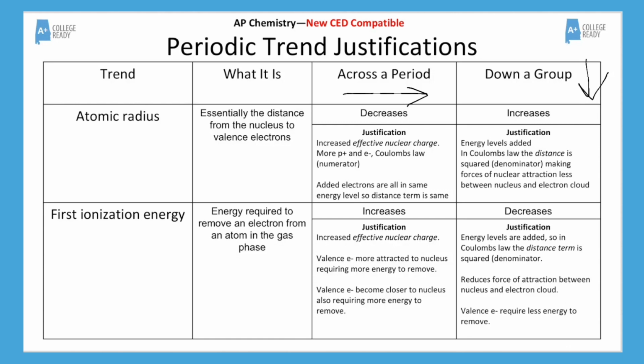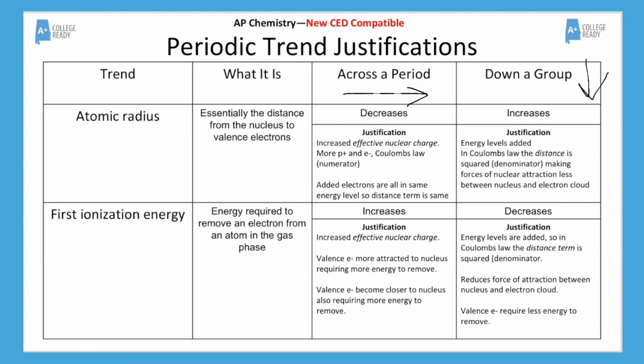Okay, first ionization energy. Remember we said these are opposites of the atomic radius trend. So notice, why is first ionization energy increasing as we go across a period? Well, it's because you have one more proton for every element as you go across, which causes a greater attraction for those electrons in the same energy level.